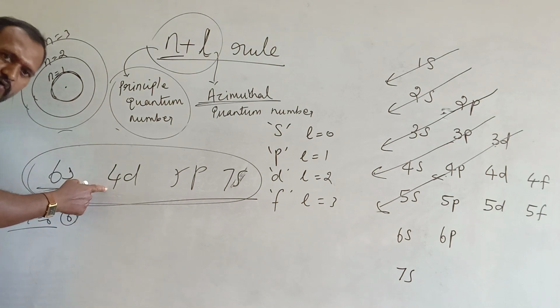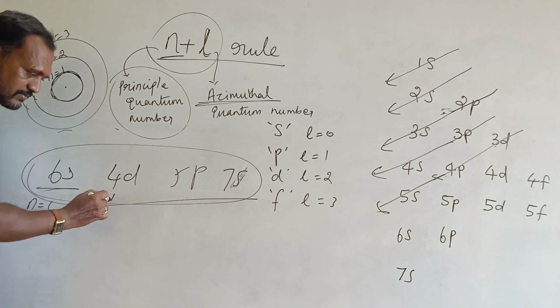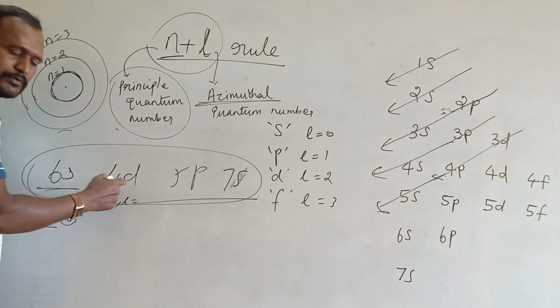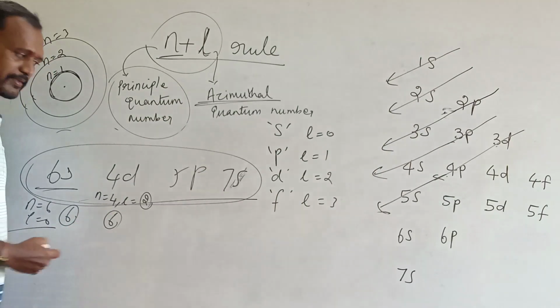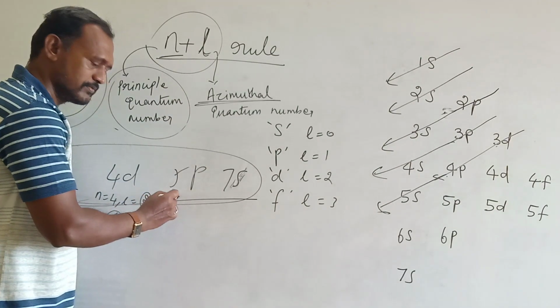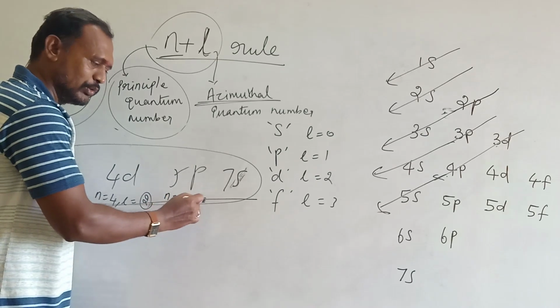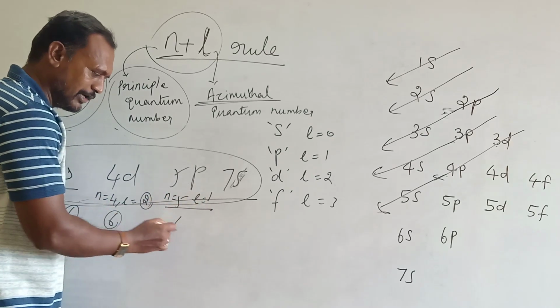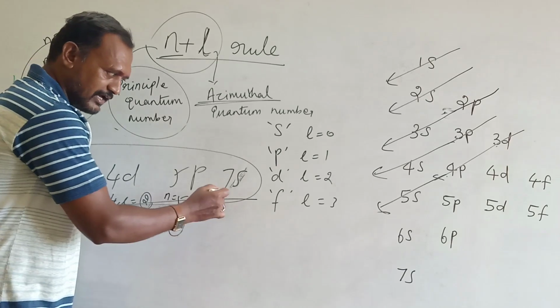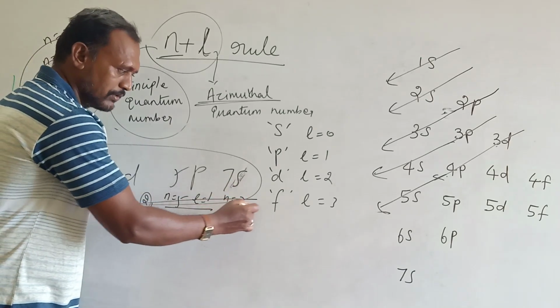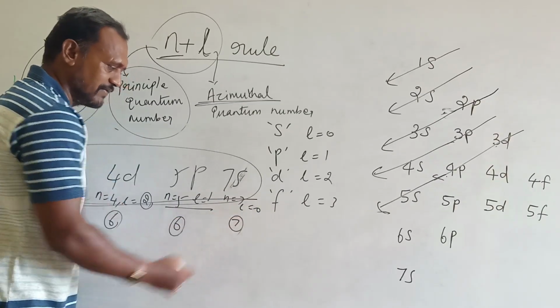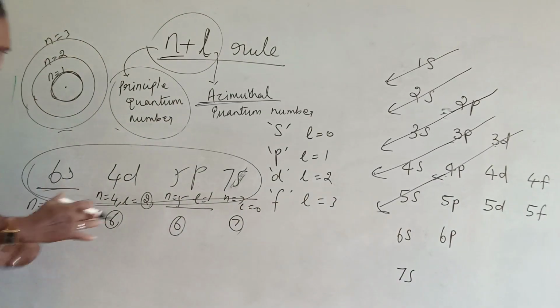For 4d, n value 4, l value 2, n plus l value 6. For 5p, n value 5, l value 1, n plus l value 6. For 7s, n value 7, l value 0, n plus l value 7.